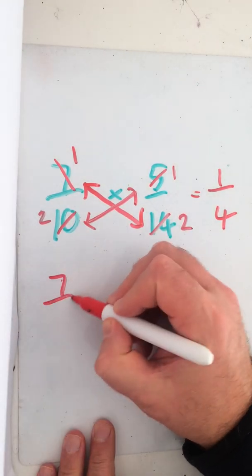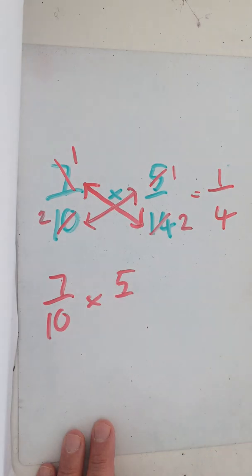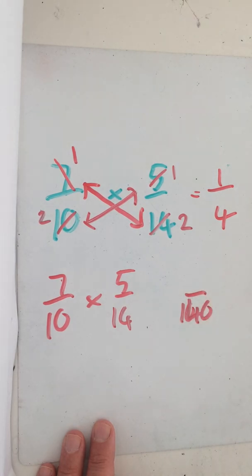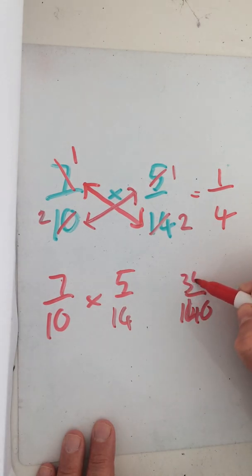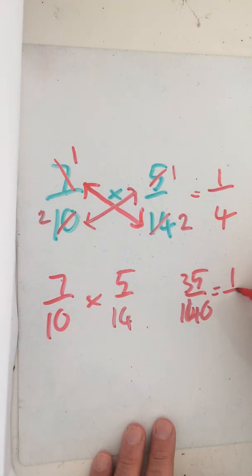Okay, let me just do that again. 7/10 times 5/14. 35 over 140. Oh yeah, it is. It does go into how many 35s? Yeah, that is 1/4 when simplified.